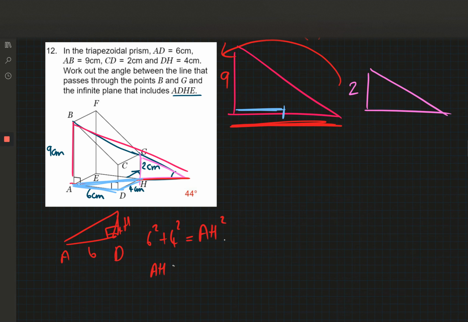So AH is equal to the square root of 36 plus 16. And then you are going to get 2 root 13. Or in this case, I'm going to unsimplify it. I'm just going to leave it as root 52, just for the sake of the fact that it's easier to write.